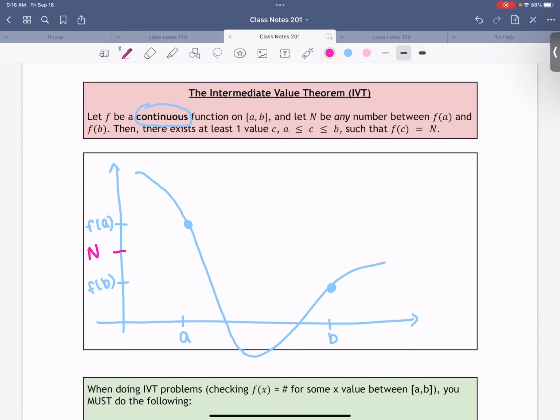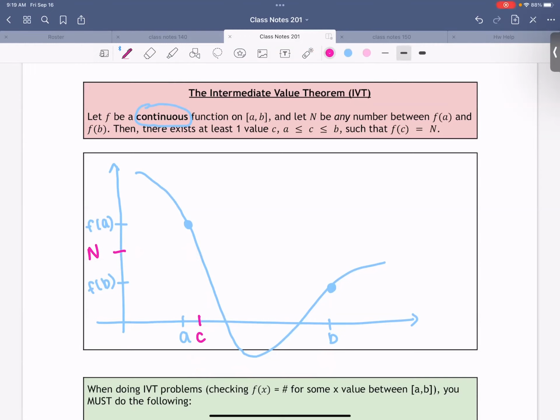So between a and b, there's got to be some x value such that the function takes the value n. And it looks like there is one. It looks like c is here. This always happens when we have a continuous function.